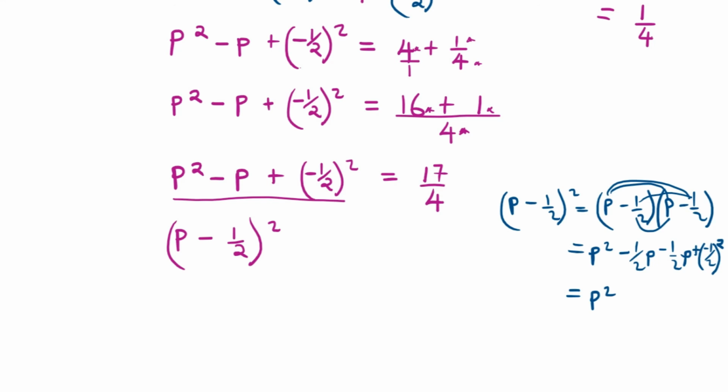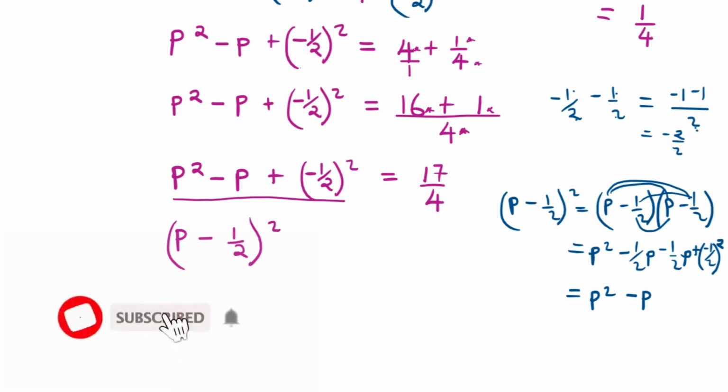And then if we simplify, we'll have p squared minus half p minus half p. Negative half p minus half p just gives us negative p. Okay, when you say minus half, the common denominator there is 2. 2 into 2 is 1. 1 times negative 1 is negative 1. 2 into 2 is 1. 1 times negative 1 is negative 1, to give us negative 2 over 2, which when we divide will just give us negative 1.